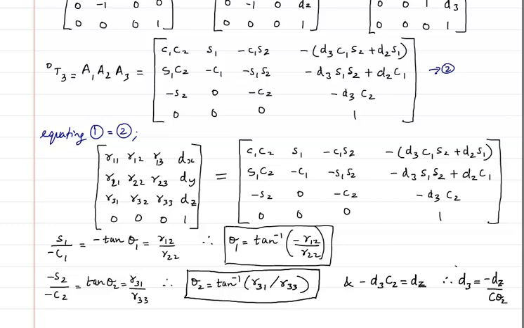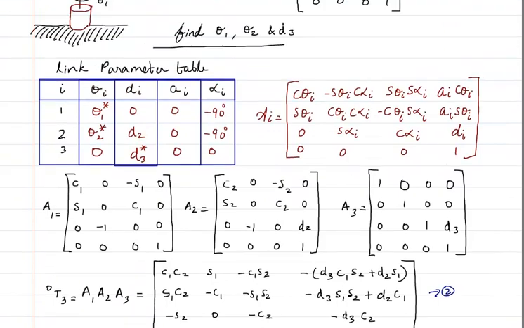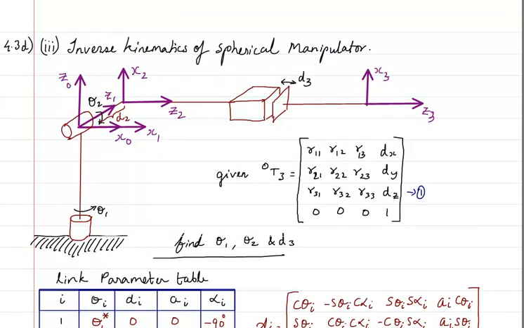That will be the third joint variable that I am finding. So based on that, we have finished the inverse kinematics of a spherical manipulator. Thank you.